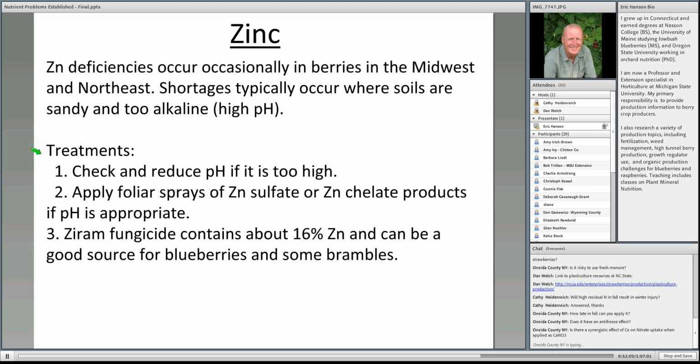Treatments here, again: check the pH, reduce it if it's too high. You can apply foliar sprays of zinc sulfate or zinc chelate products if the pH is appropriate. And there are some fungicides that contain zinc that can be reasonable sources for labeled crops.